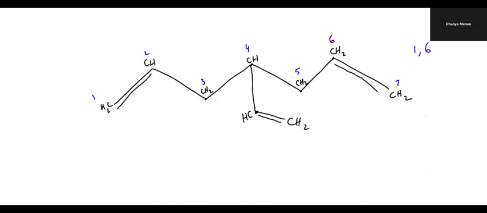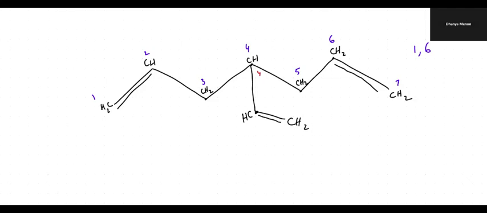Okay, so I cannot, 1, 2, 3, 4, 5, 6. No. So here we are getting only 6 carbons. So the one that we numbered first, we are getting 7 carbons and 2 double bonds included.